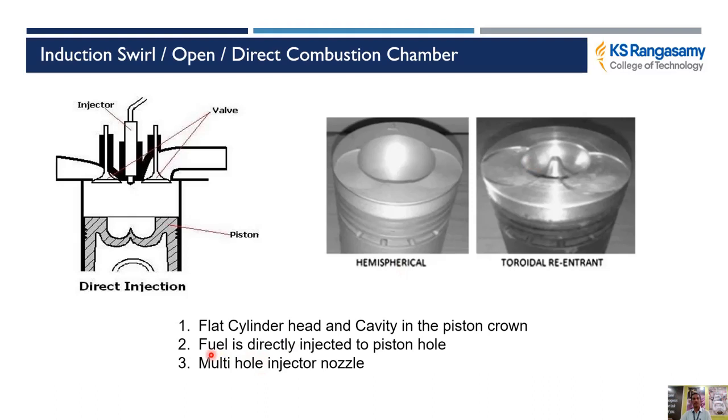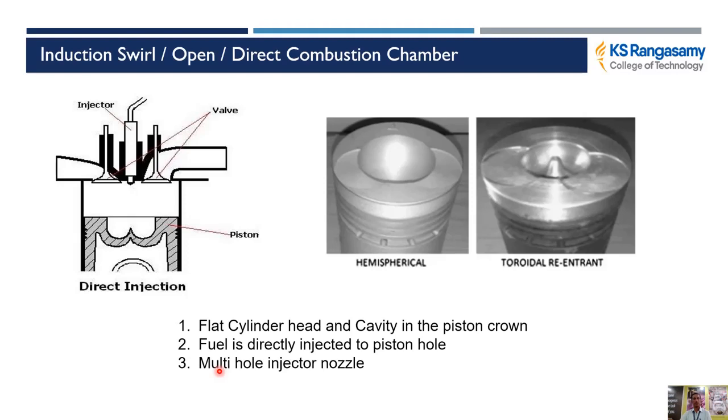Another thing, the fuel is directly injected into the piston bowl. When you start the injection, it happens inside the combustion chamber. That is another condition. For the injector, mostly multiple holes are used. A single hole is used only in some special conditions.